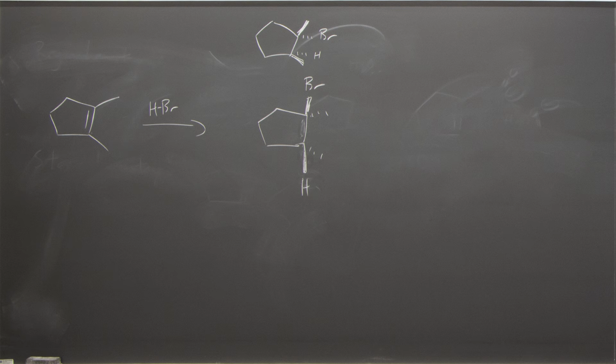I end up afterwards with the cis, try again. The cis stereoisomer drawn this way. I also will have a cis stereoisomer like this, where they both added to the bottom side of what was the alkene.